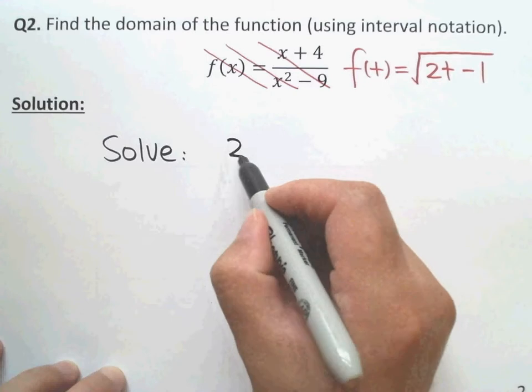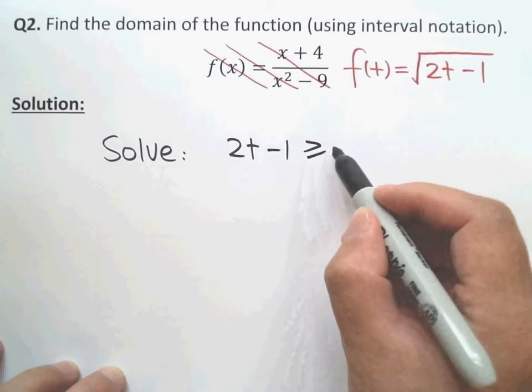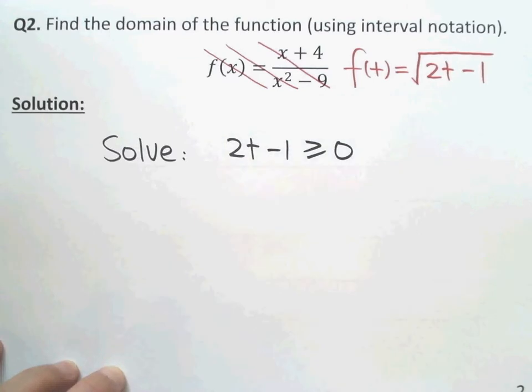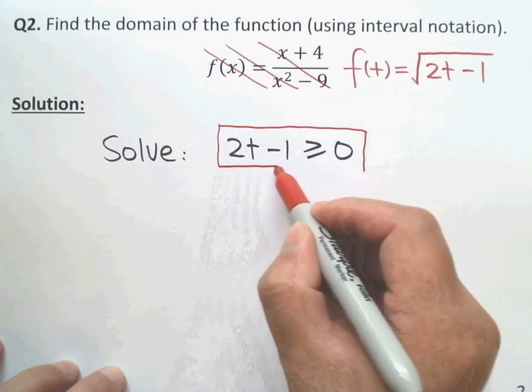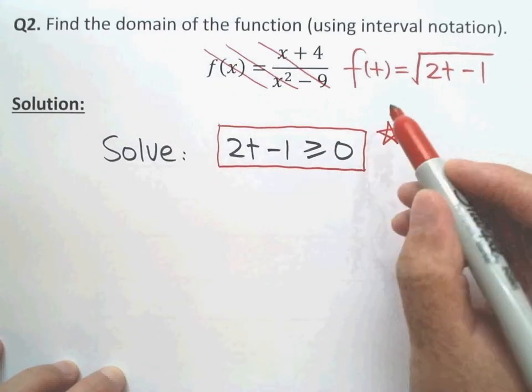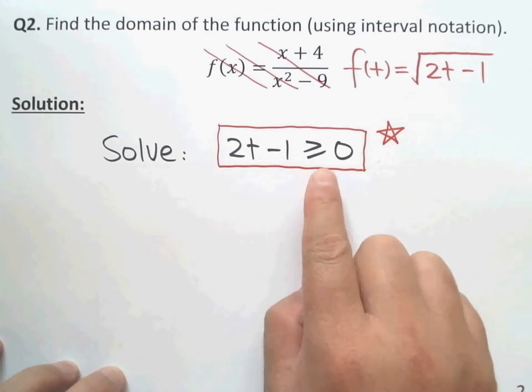Solve 2t minus 1 cannot be negative, which means greater than or equal to 0. This is non-negative. I highlight this to solve. This is an inequality, and solving it is very similar to a linear equation.